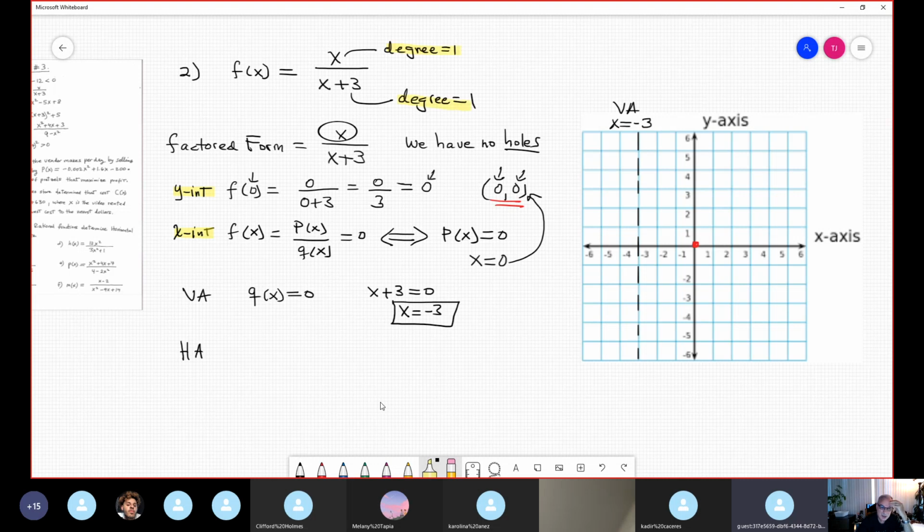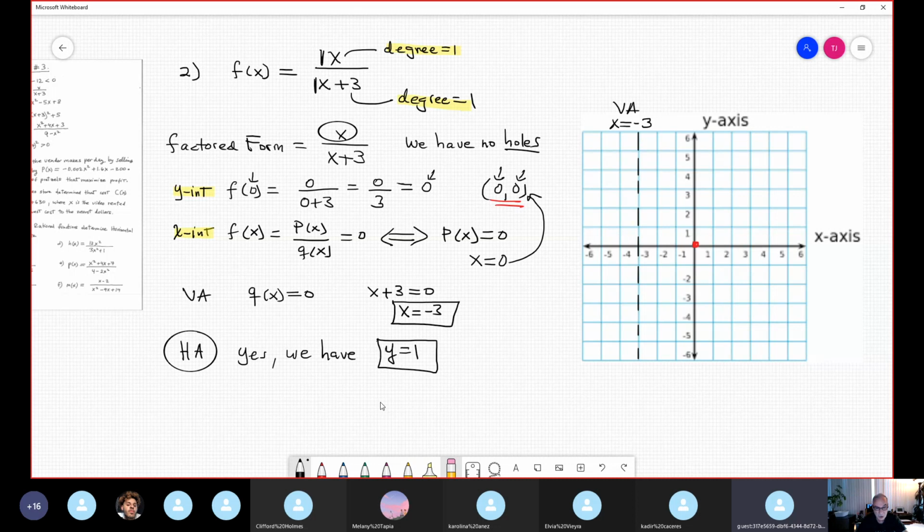When the degree is the same, yes, we have a horizontal asymptote. At what value? Well, the value is the ratio of the coefficients, that is 1 divided by 1. So the horizontal asymptote is y equal to 1. That is a horizontal line.